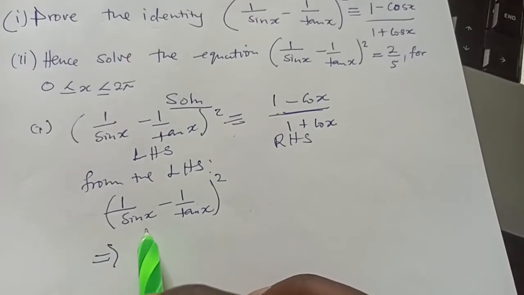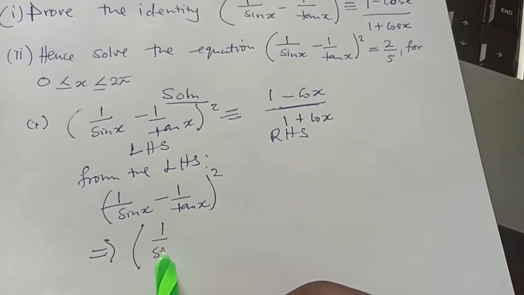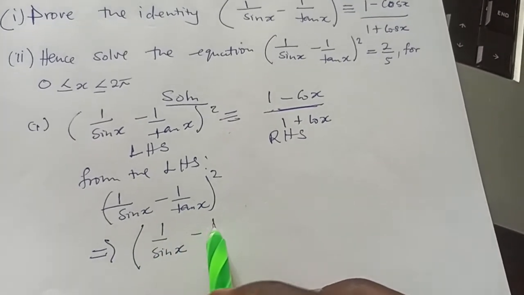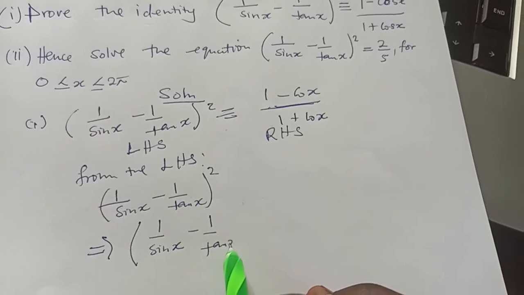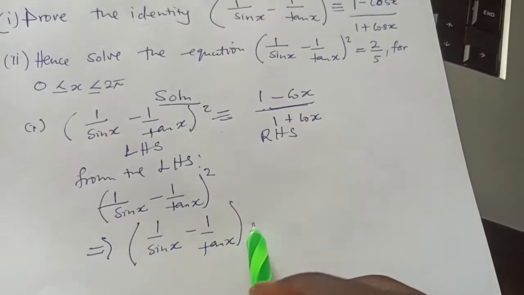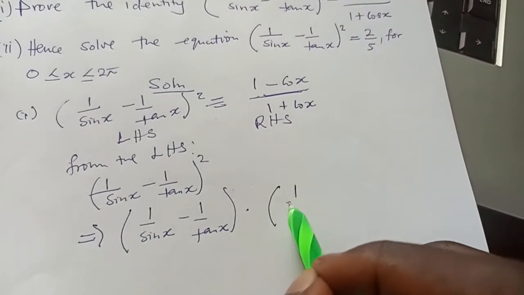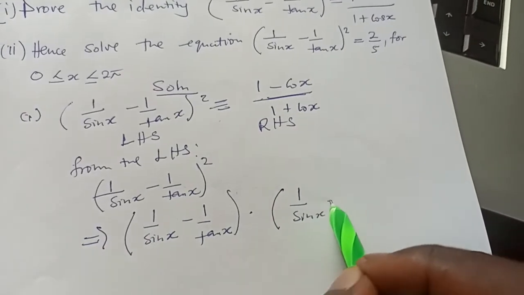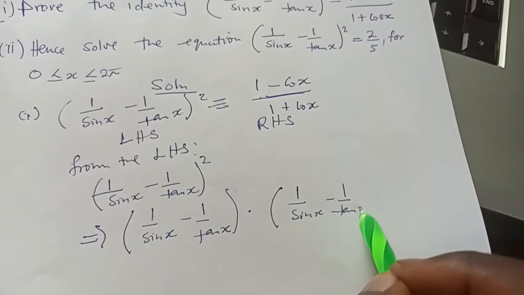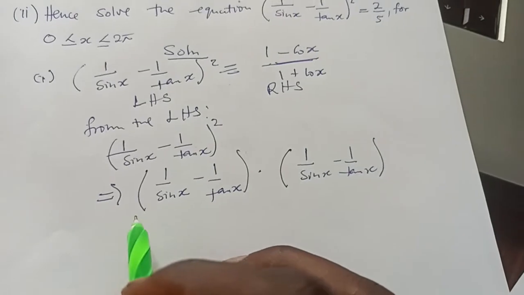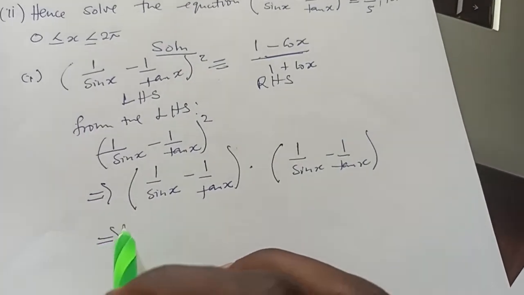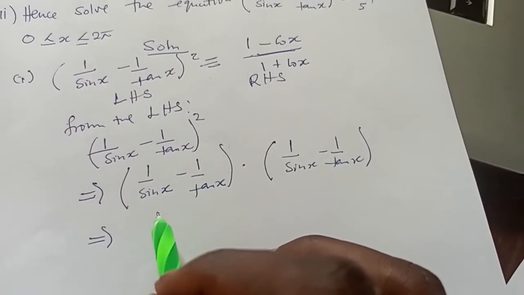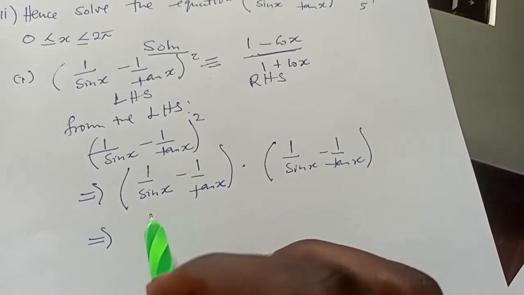In expansion this is the same as (1/sin x − 1/tan x) multiplied by (1/sin x − 1/tan x).